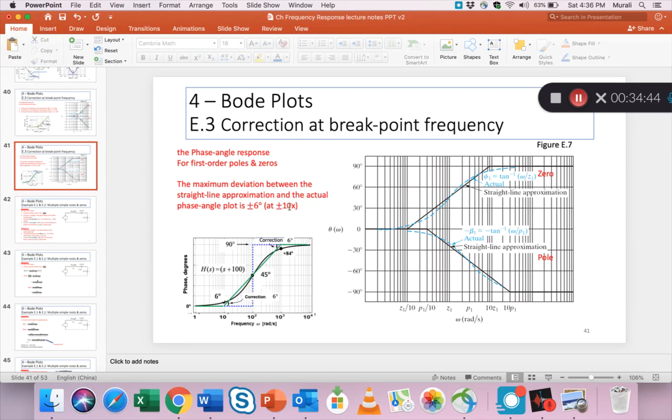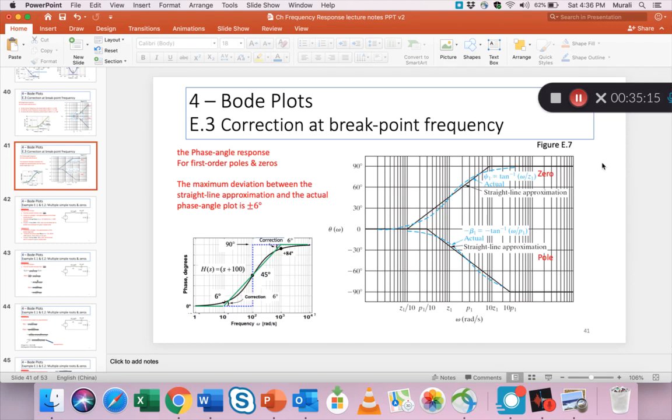Yeah, let me verify where exactly that happens. But for now, let's just say the maximum is plus or minus 6 degrees. There's a minus 6 here and a plus 6 here. I'll figure out what exactly the value is at what frequency that occurs. But nevertheless, the magnitude is correct, and that's plus or minus 6 degrees.